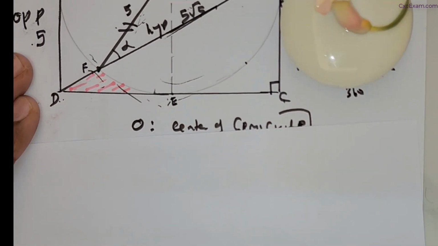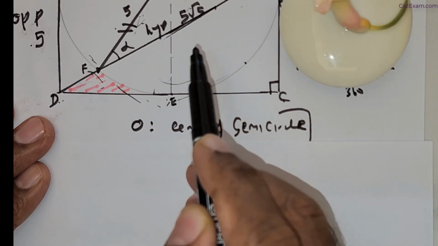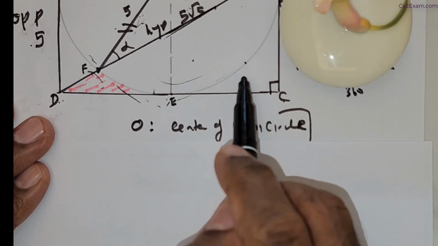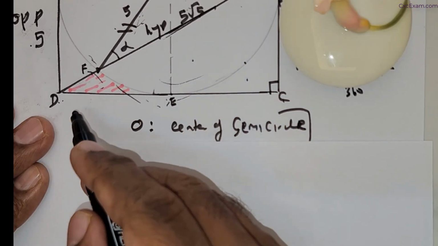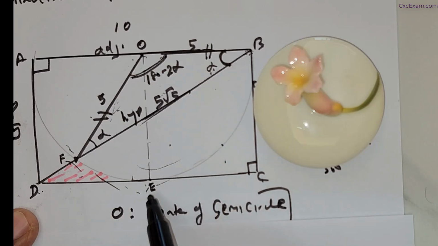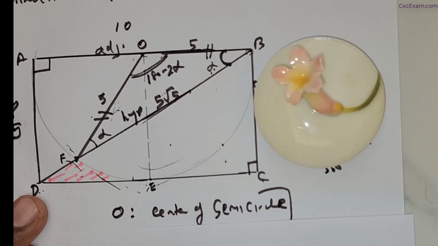So let me go back to the figure. Now we have already got this region, we have this region also. So we are going to be using this triangle. From the triangle we are going to take away this and this. So let's see how to do that.